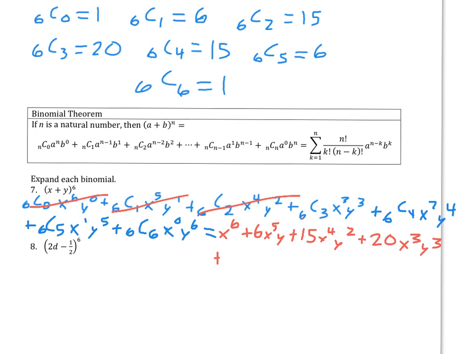Plus, we did this one. Now we're on 6C4, which is 15, x squared, y to the 4th, plus, so did that one, 6, x, y to the 5th, and one more. 6C6 is 1, 1 times y to the 6th. Here's our answer.